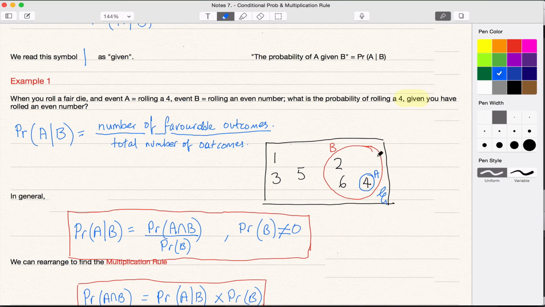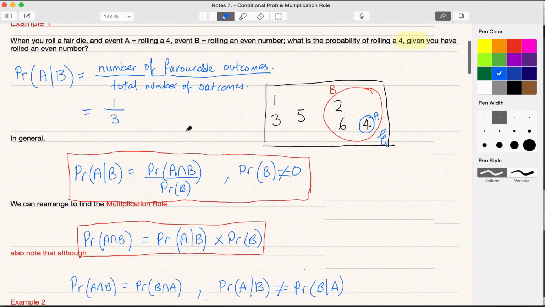In this example, the total number is just talking about the red, it's just talking about B. We've got one which is in A and B, and 3 altogether in B. So the number of favourable outcomes is 1, and the total number of outcomes in B is 3. So the chance of getting a 4, given you've rolled an even number, is 1/3.